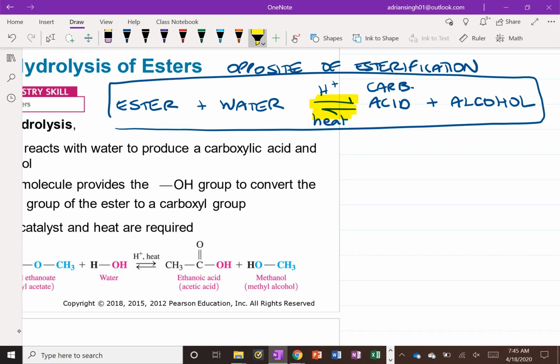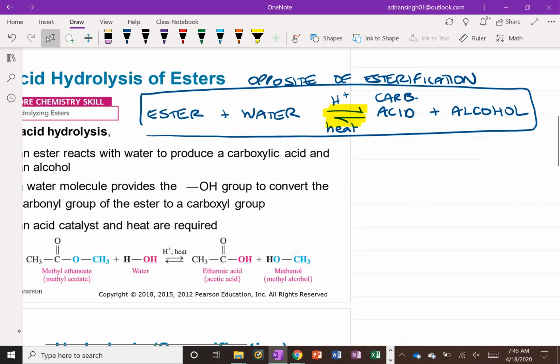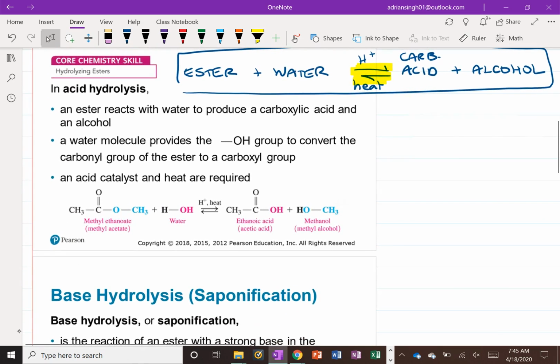In the esterification reaction, we combined a carboxylic acid with an alcohol to make an ester and water. Now we're saying we can take that ester, add it to some water, provide some heat and an acid, and that will break it down back into the original carboxylic acid and the alcohol. So just the opposite of esterification.